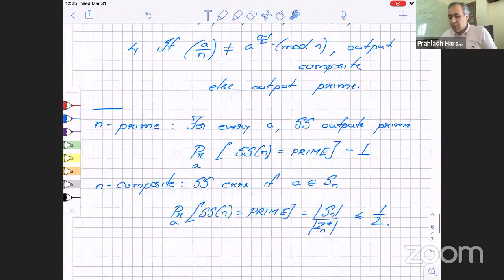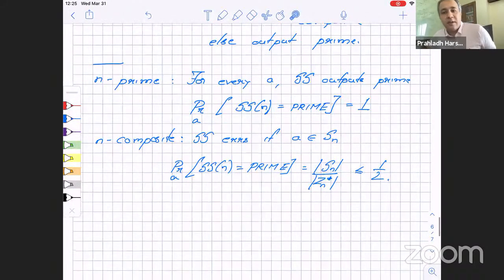Hence with at least probability half, you will recognize that it is a composite number if it were composite. The probability of you erring is only when A falls in Sn, which is a low probability event. It's probability half, and you can repeat it several times to reduce this.